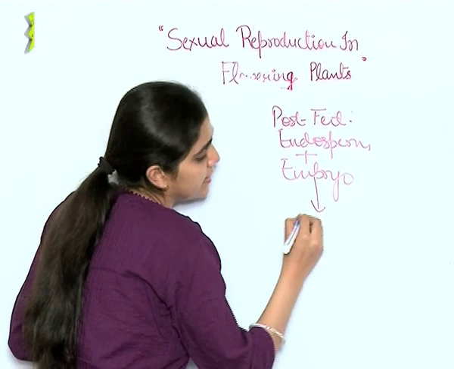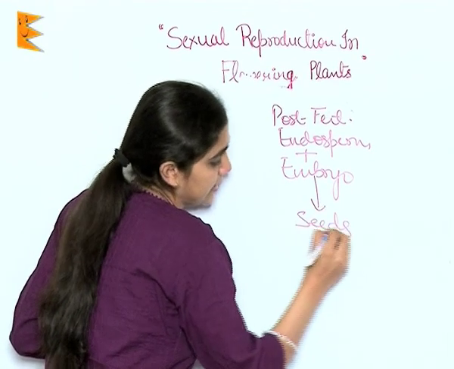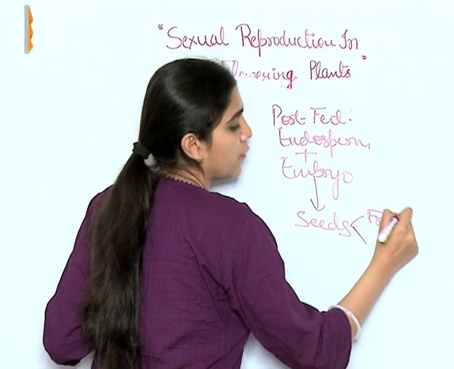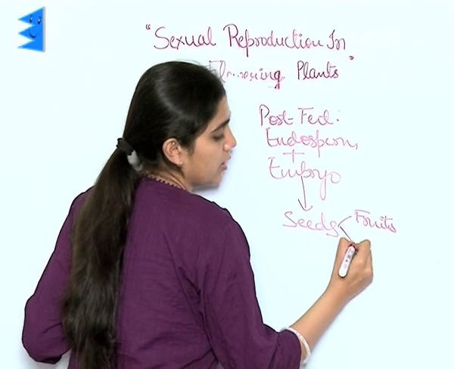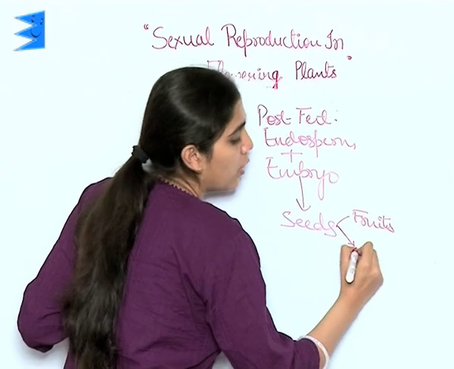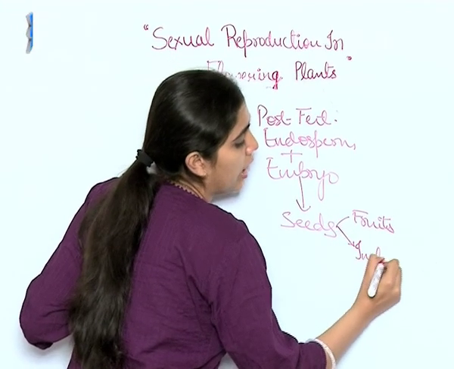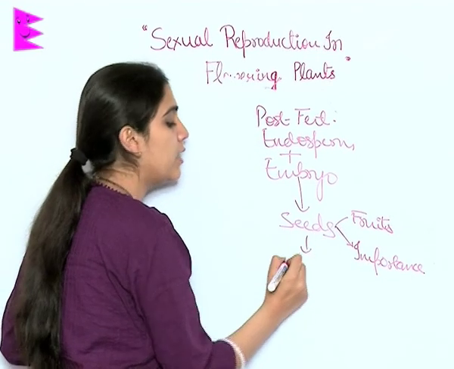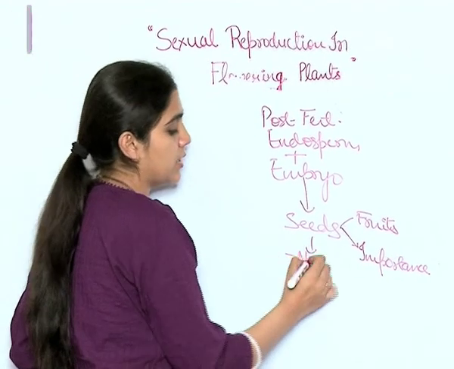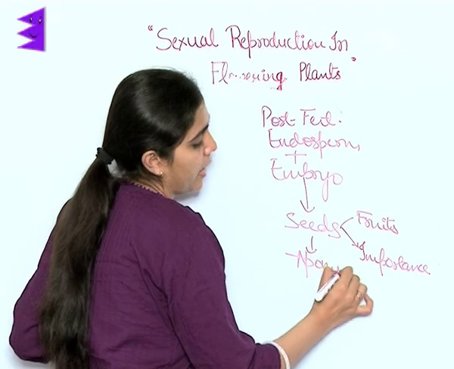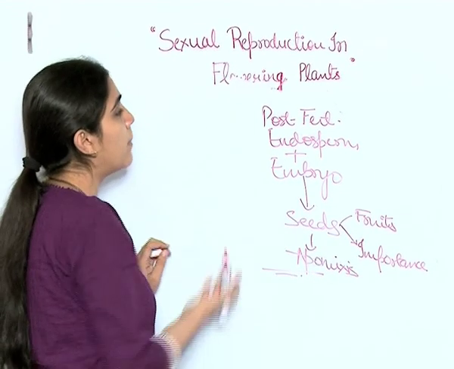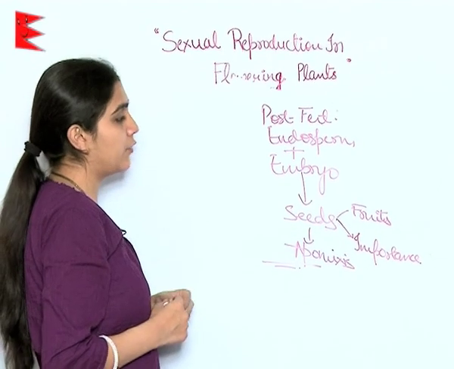And next is seeds, in which we studied fruits and how seeds are important to us. And then we studied the process of apomixis. This is all about sexual reproduction in flowering plants.